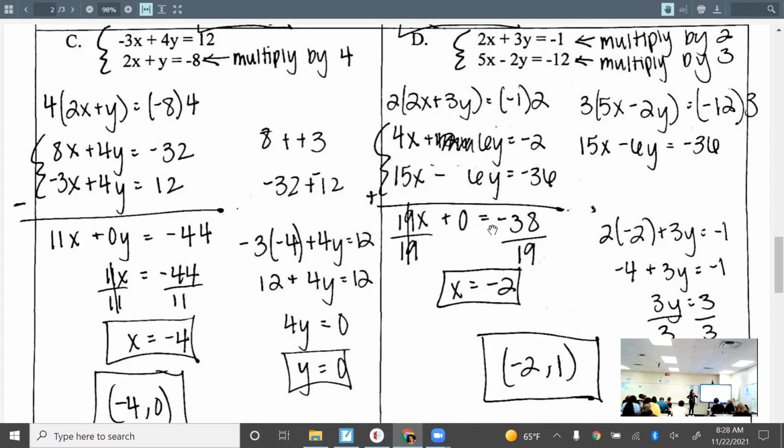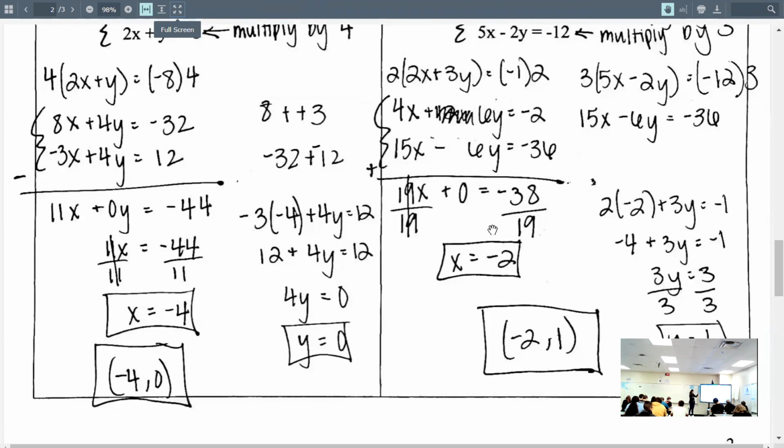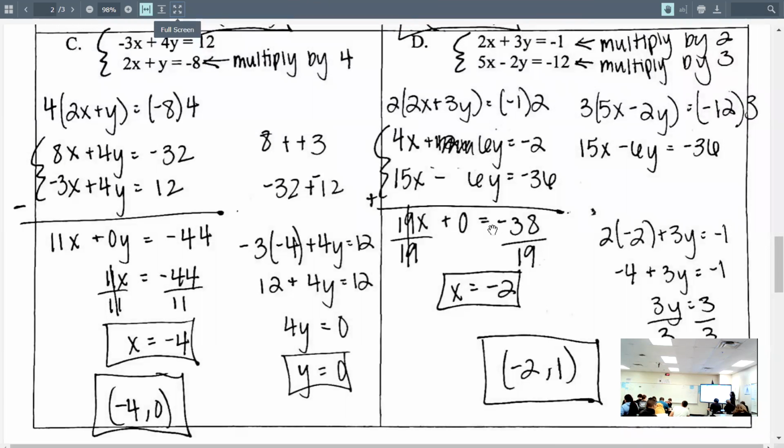All right, the way that I set it up, I would need to subtract the equations to eliminate the y's because the y's had the same sign. All right, so that's what we did. Solve for x, plug it back in, solve for y, and that's how we get our final answer. All right, same thing over here, except this time you had no choice but to multiply both equations by something.